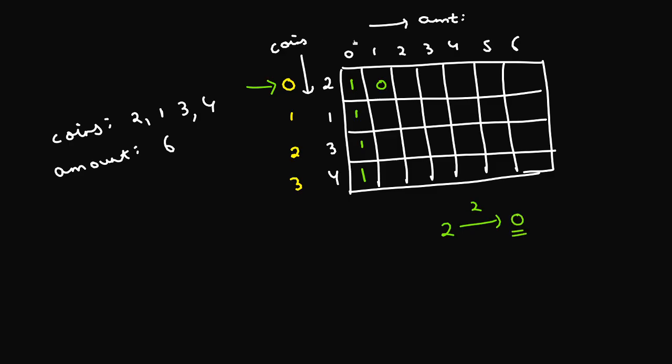So whenever you have to create this amount 2, and you are using the coin of denomination 2, that actually jumps back here. You just do 2 minus 2, which is 0, and the value here is 1. So you just add that value here. It's going to be 1.